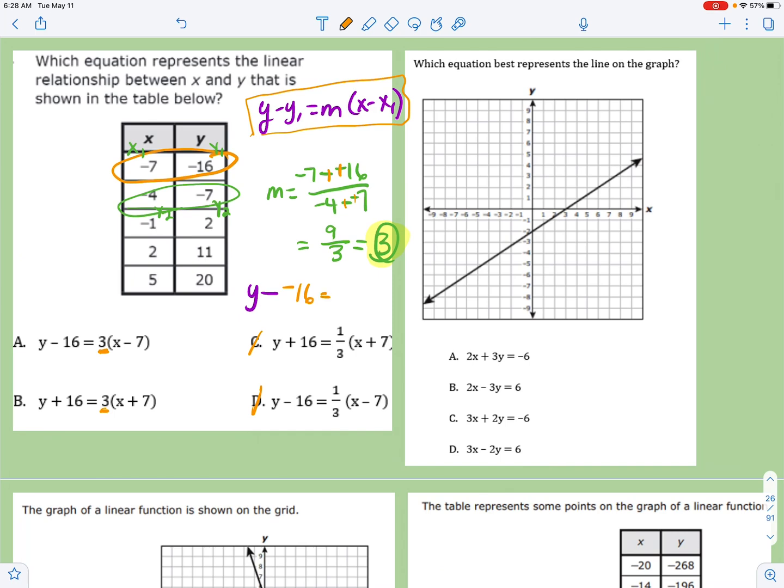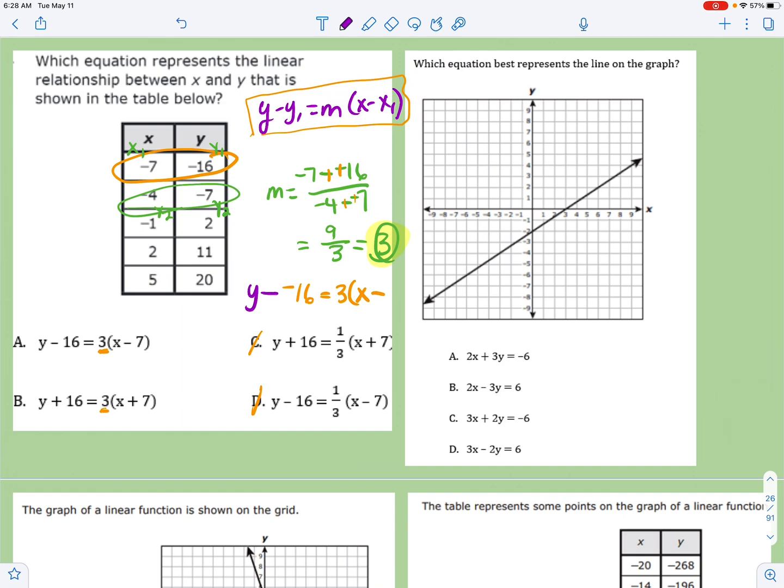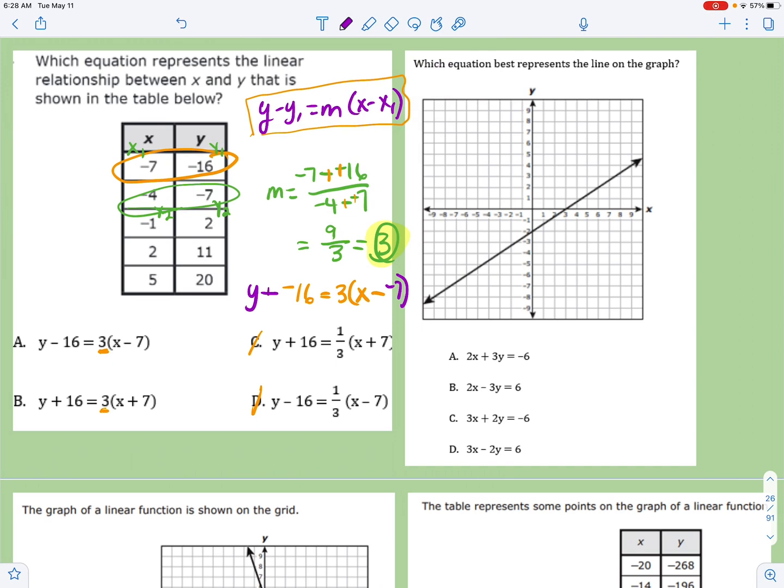So the slope is 3, right, times x minus our x1. And x1 is -7. So these double negatives, we've already established that we turn them into plus positives, right? Leaving us with an answer choice of B.